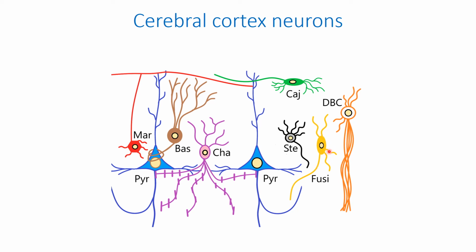Fusiform neurons have a fusiform cell body with their long axis being vertical to the surface. They are located in the deep cortical layers. Neurons of Martinotti, small multipolar cells with an ovoid or polygonal body and short branched dendrites. The axons form contacts with the pyramidal cell dendrites.